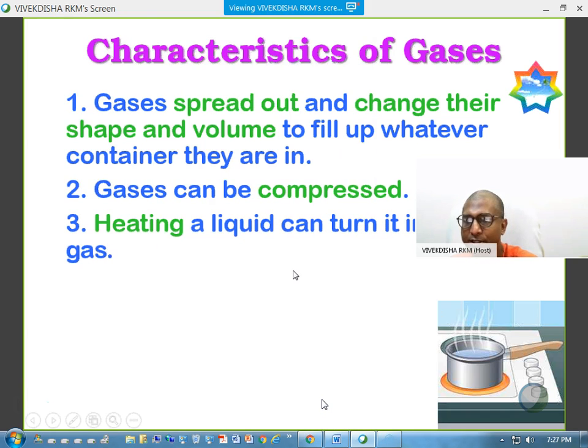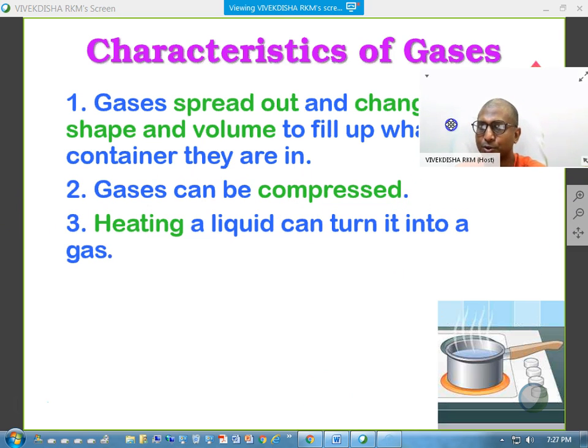Now heating a liquid can turn it into a gas. As we know, when we heat water, we get water vapor. So heating and cooling, both the sides you have to know what will happen if you heat it and if you cool it. So heating a liquid can turn it into a gas.